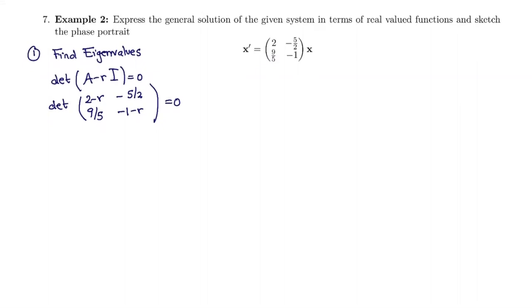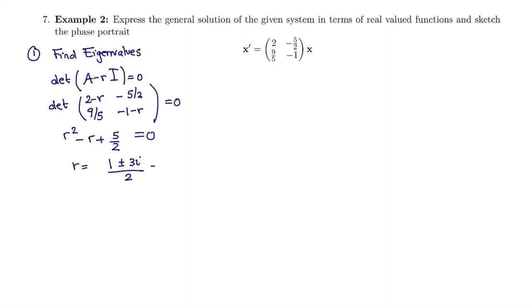Multiplying that out, I'm going to leave it to you to work out the details of the algebra, but you end up with r squared, used to be lambda from last time, r squared minus r plus 5 over 2 is equal to 0. You can solve this using the quadratic formula. When you do so, you will find that r is equal to 1 plus or minus 3i all over 2.